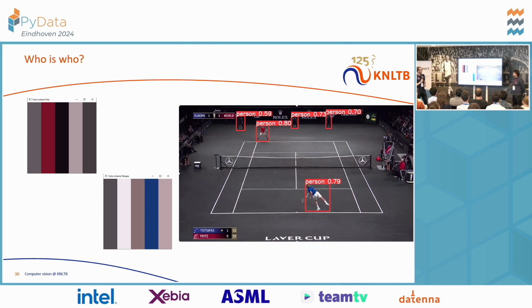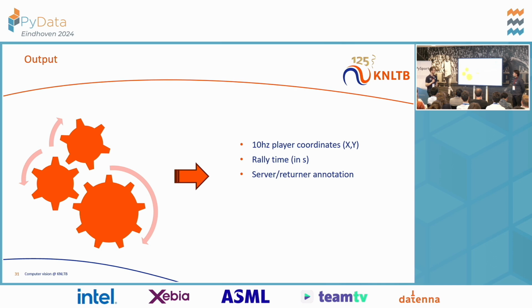And as a result, we can actually run this and collect some data. With all these processing steps, what we get at the end is 10 hertz player coordinates, X and Y positions that we can actually use.